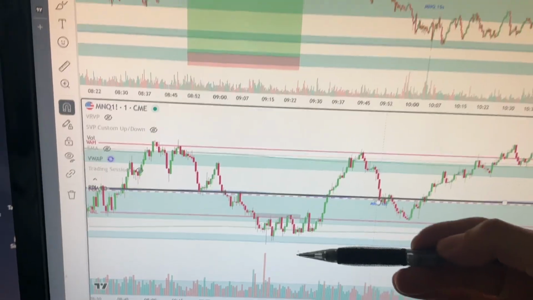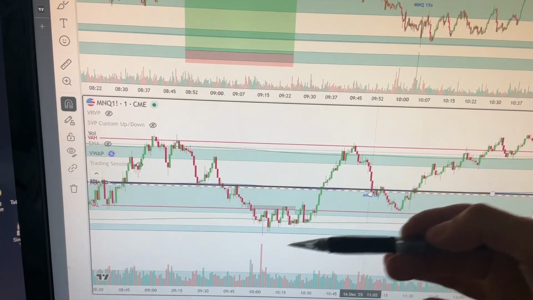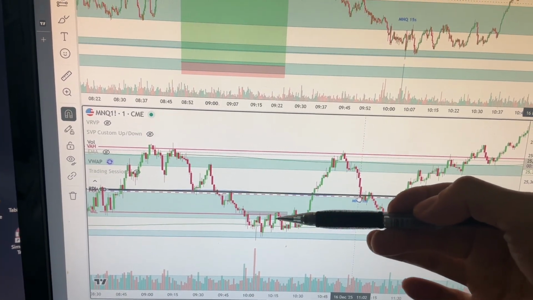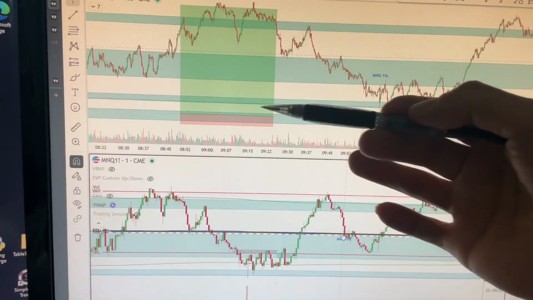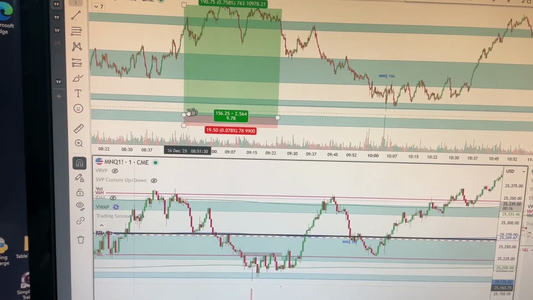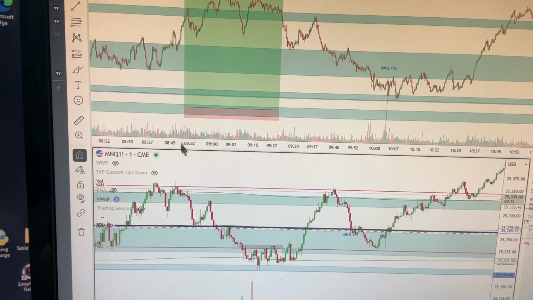So what we're going to do next is actually play the price action on the 15-second chart, just to look at the price action. This, by the way, this pink and red, or green and red, is a limit order that I tried to do.